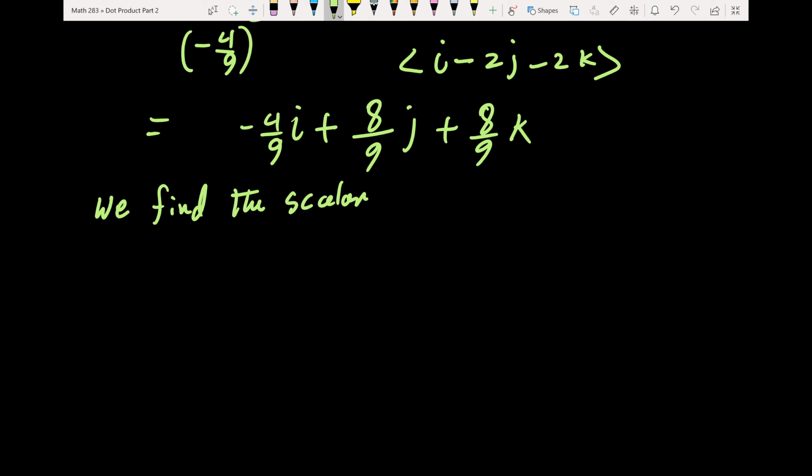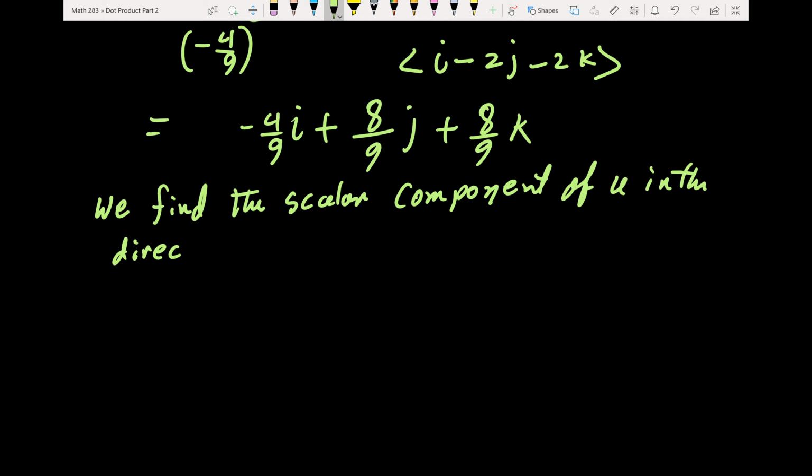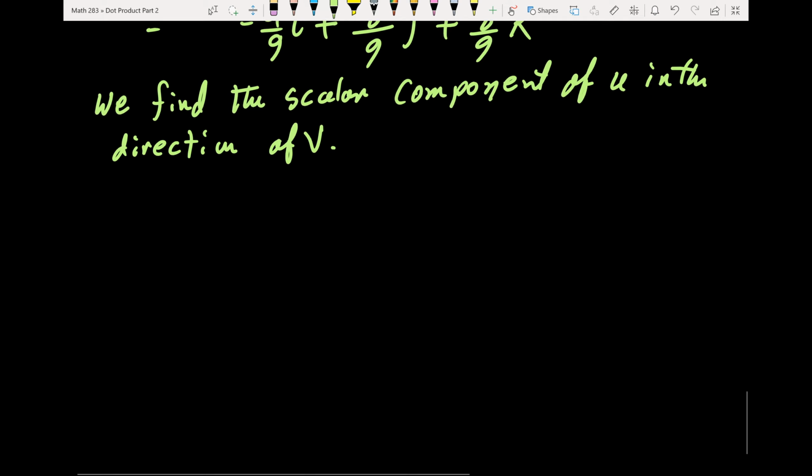Scalar component of u in the direction of v. U cosine of theta.